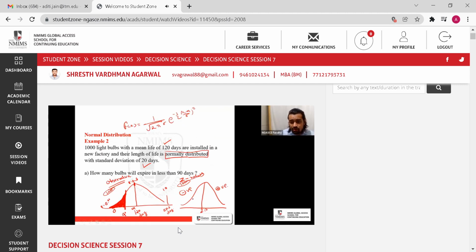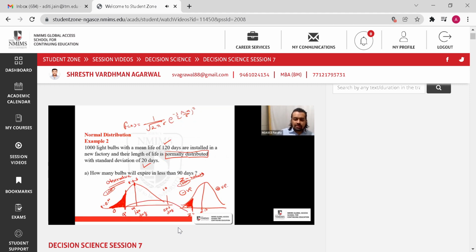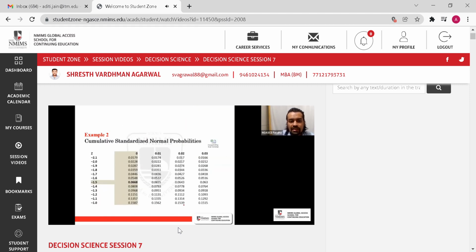Now here on the z value you need to find out. See, this is based on the observation. Now, let's say, we don't know the corresponding z value of this. That's why we calculated that the corresponding z value of 90 days is -1.5. So the probability of this part we can at least find out using the z table. This is a snapshot of the z table. I'll attach this z table. In the z table these are the negative values.